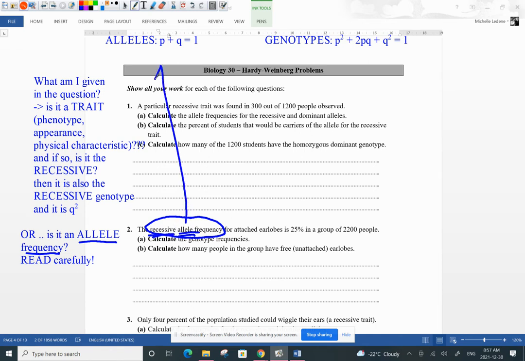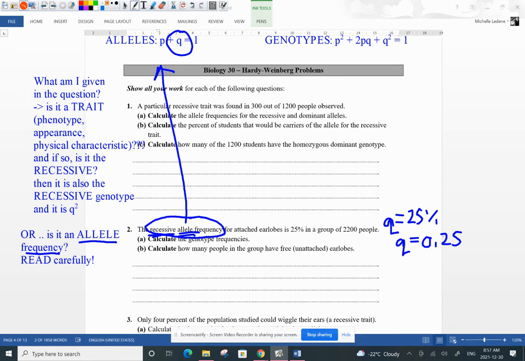So that means you go to your allele frequencies formula, and you should know that the recessive allele frequency is q. So in this question, you don't have to go from q squared down to q. They're telling you q is 25%, and therefore q is 0.25, and then you can work from there. You can find p, and you can find the genotypes that it asks you in the question.